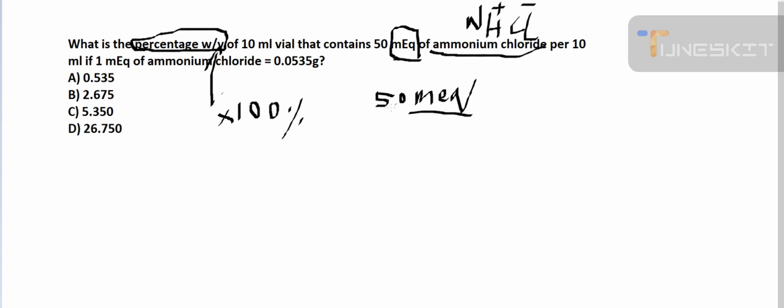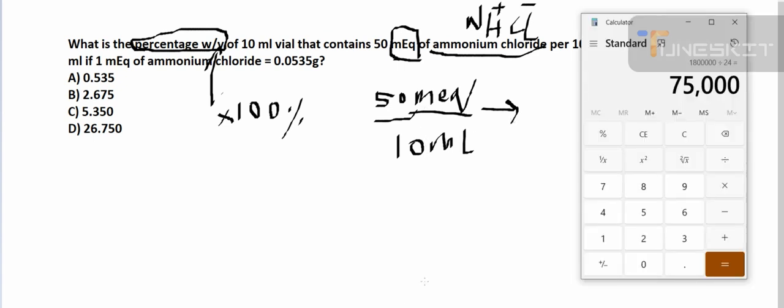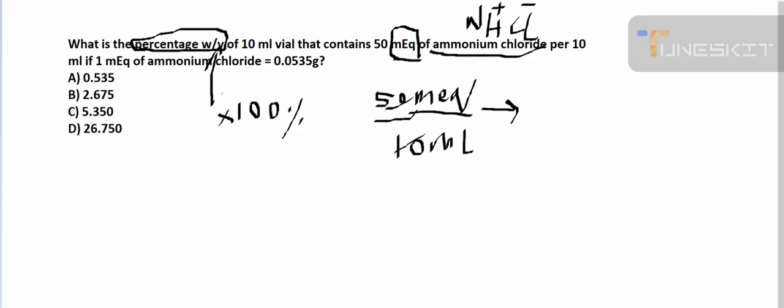Okay, so there are 50 mEqs in 10 ml. There is a 10 ml vial which contains 50 mEqs of ammonium chloride. Very simple. So if 10 ml contains 50, then 1 ml will contain, very simple, divide, 5 mEq.